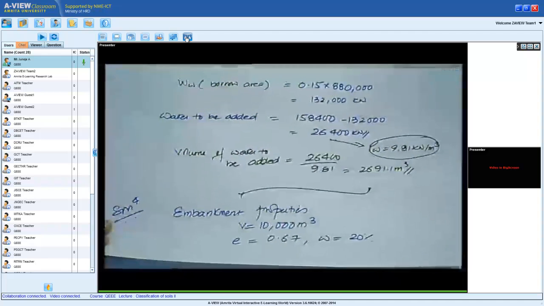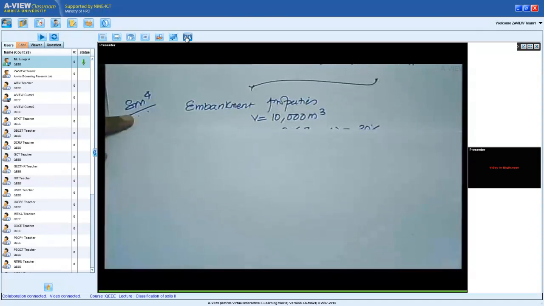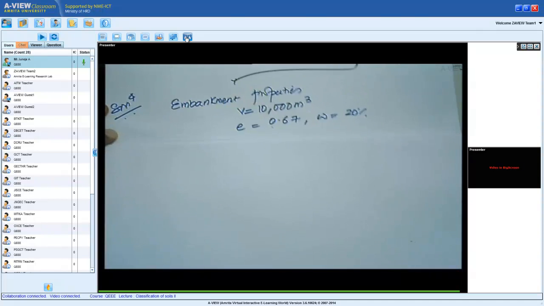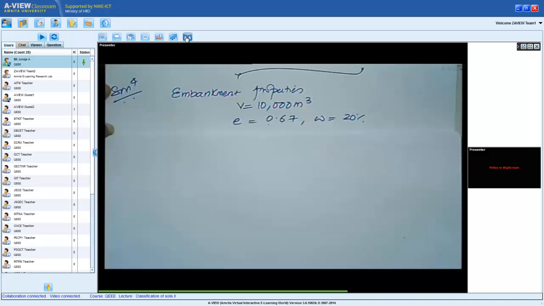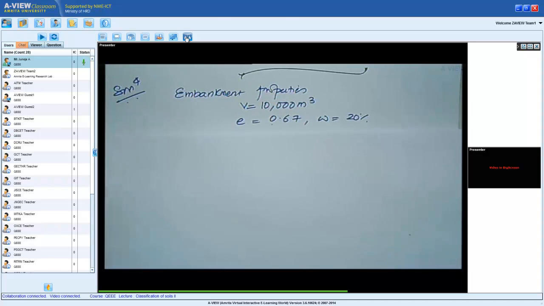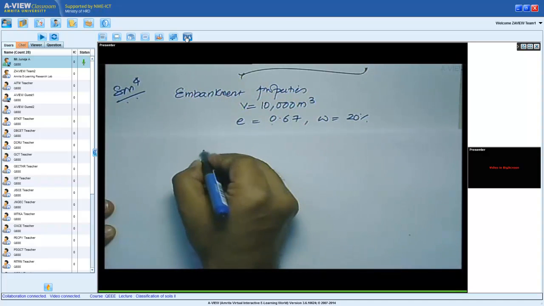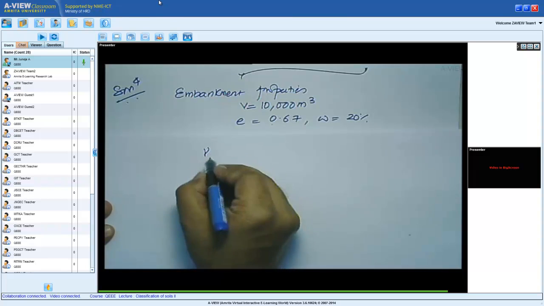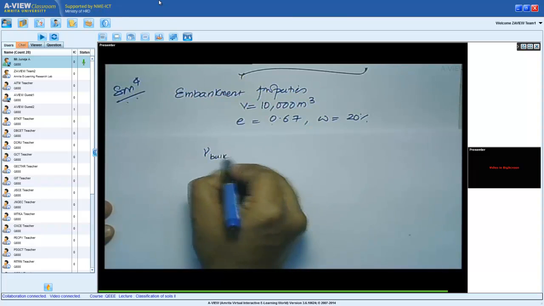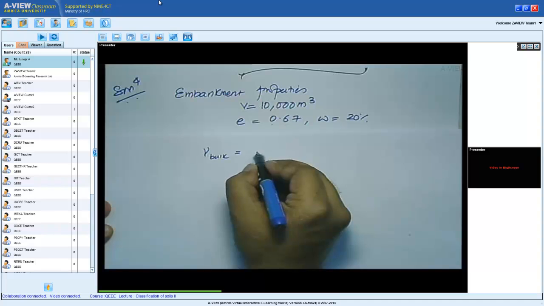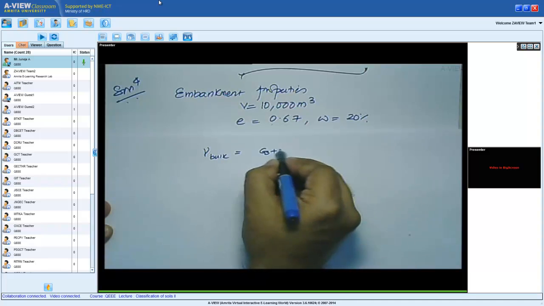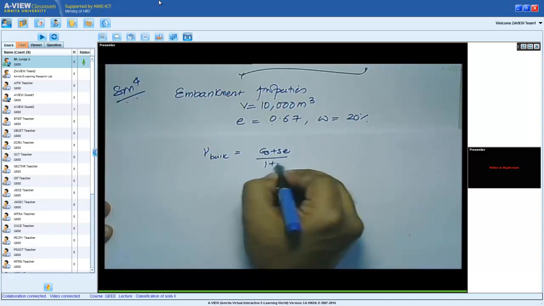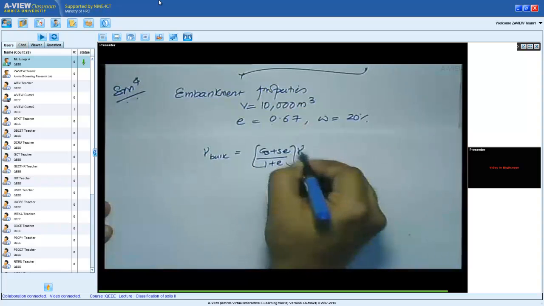If you recall your basic equation for dry unit weight. At that time I said we're not going to remember that, but we only remember the term for gamma bulk. Gamma bulk was identified as (Gs plus Se) divided by (1 plus e), whole times gamma w.